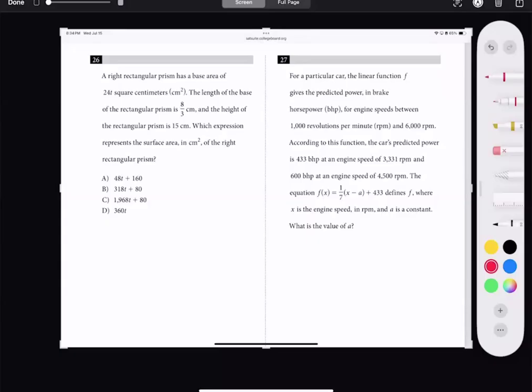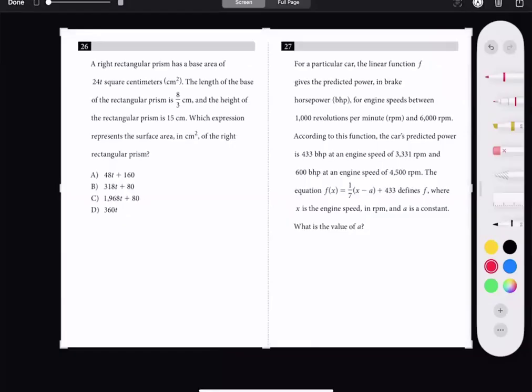B, I think. I'm a little unsure about this one though. But it is B. Okay. A right rectangular prism has a base area of 24t. So this area here is 24t.